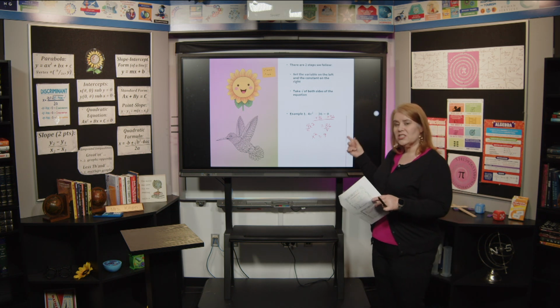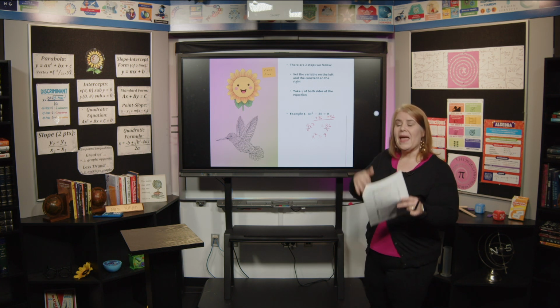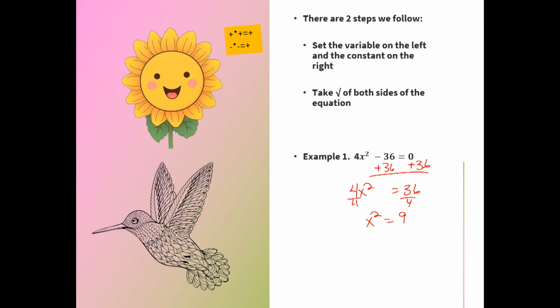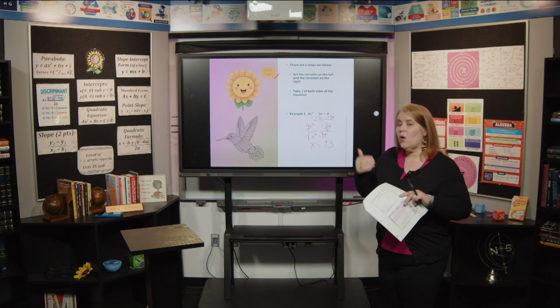So let's take that square root, which undoes, or takes away, that squared. So let's do this. Square root, x is by itself, and that positive or negative 3 that we talked about up here. Positive times positive is positive, negative times negative is positive, so I have to show that it could possibly be a positive or a negative.